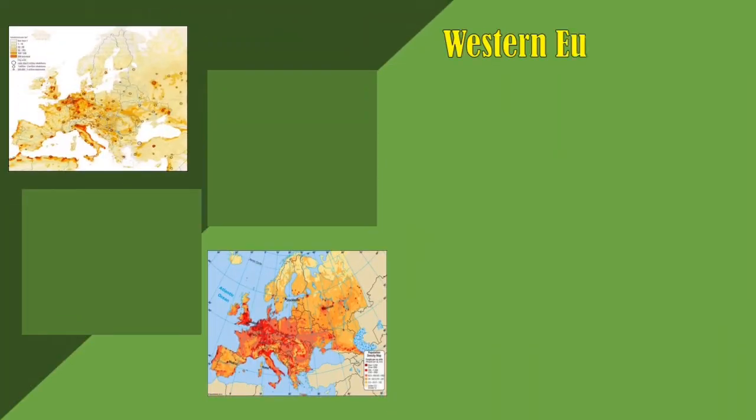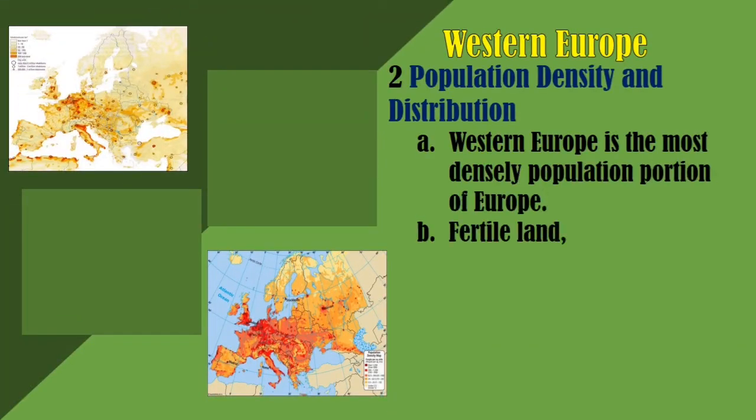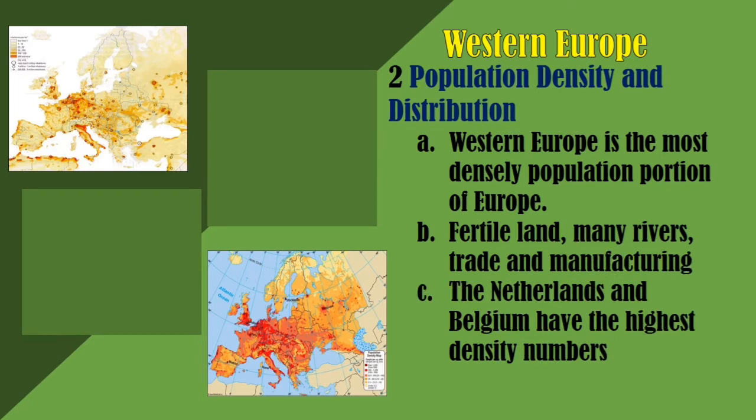Now, population density and distribution in Western Europe. It is the most densely populated portion of Europe. It has fertile land, many rivers, and trade and manufacturing have made Western Europe a center of population for hundreds of years.